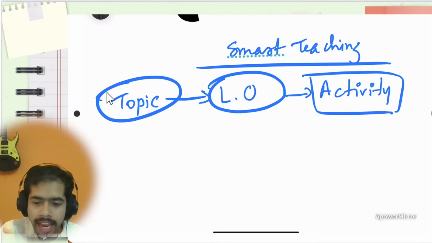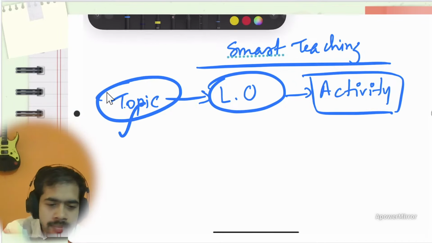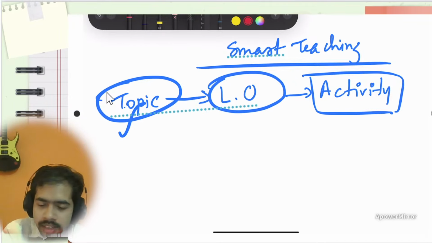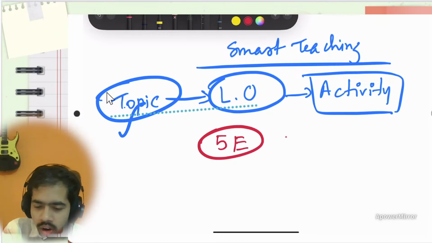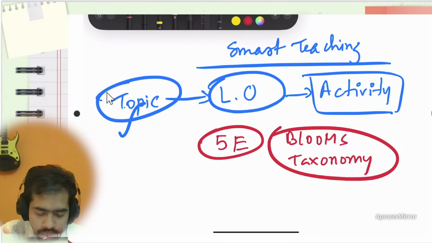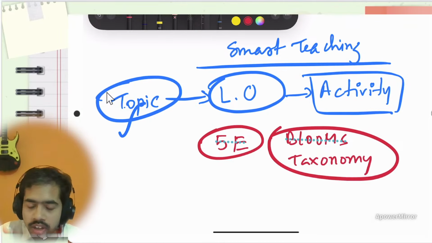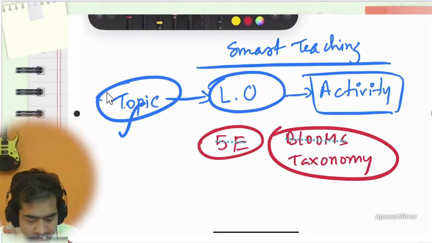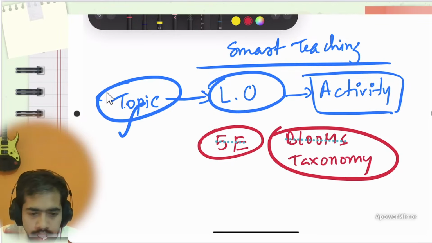And for designing this activity, you can choose some strategy, that is the 5E method or Bloom's taxonomy. With this, you can design your classroom, and I have already provided in the WhatsApp my strategy, some demo lessons. You can get it from there.